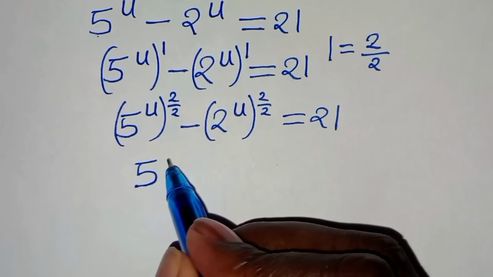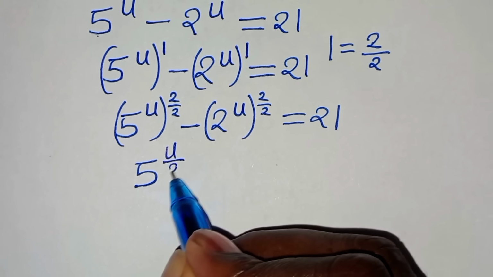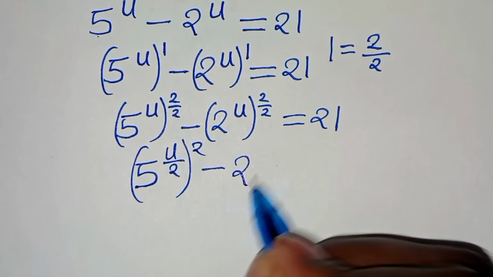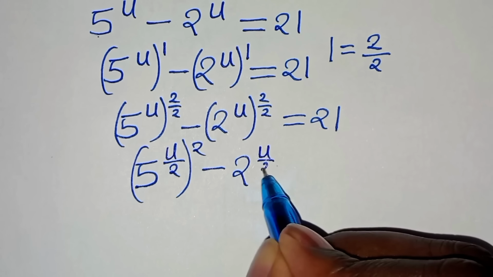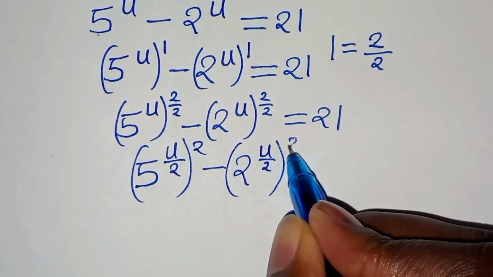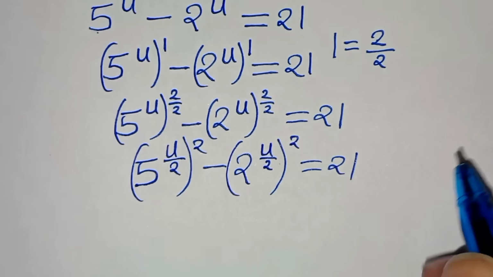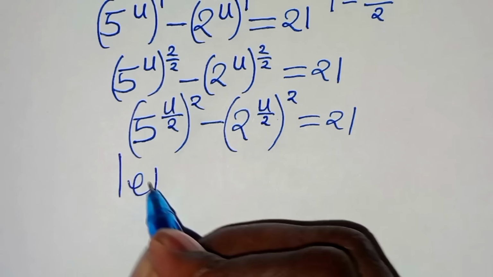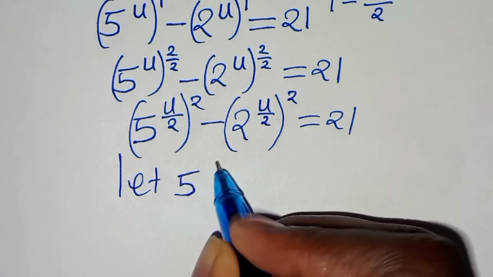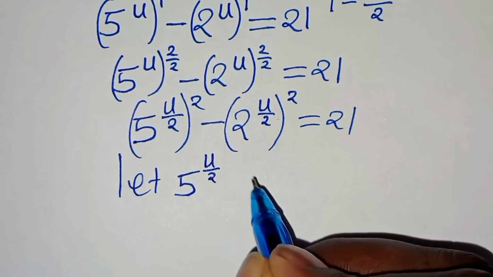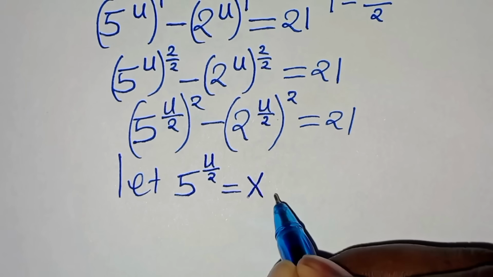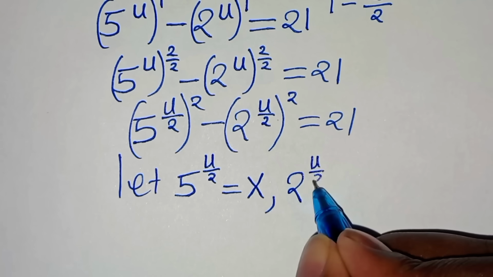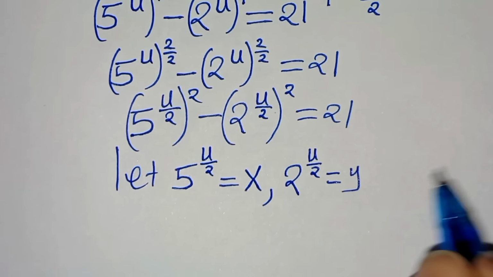Now this is 5 to the power of u over 2, raised to the power of 2, then subtract 2 to the power of u over 2, raised to the power of 2, equal to 21. The next step from here, we can let 5 raised to the power of u over 2 be equal to x, and let 2 to the power of u over 2 be equal to y.